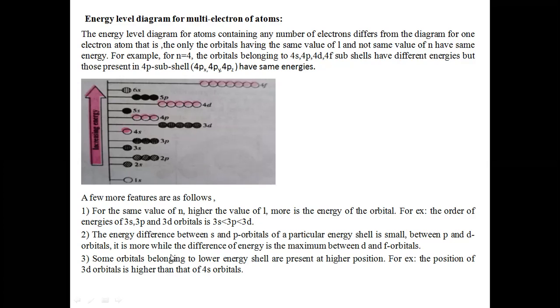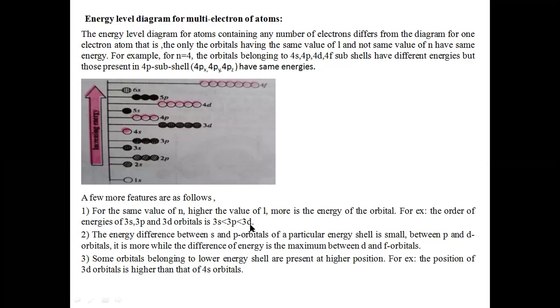For example, the order of energies of 3s, 3p and 3d orbitals is: the energy of the 3s subshell is less than the energy of the 3p subshell, which is less than the energy of the 3d subshell.